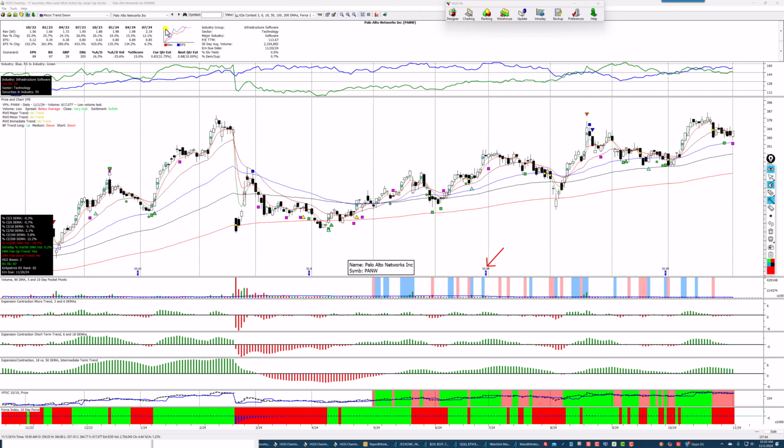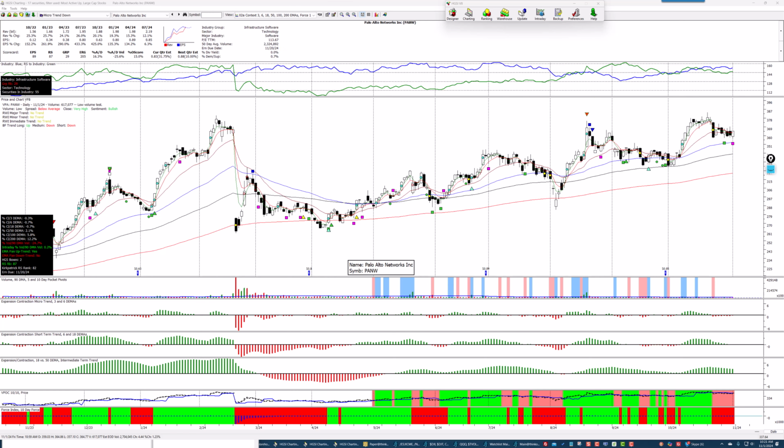So you can see earnings across the board and how the stock was affected by earnings. Now we're into November, and if you look up here where the cursor is, you'll see that the earnings due date is 11/20. So there's earnings coming up again, but not for several days.